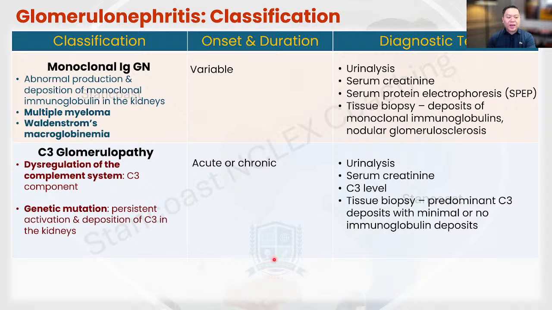And lastly, we have the C3 glomerulopathy. This is involving a genetic mutation, and there is also dysregulation of the complement or C3, and the testing here will detect the deposition of the C3 in the glomerulus, okay?